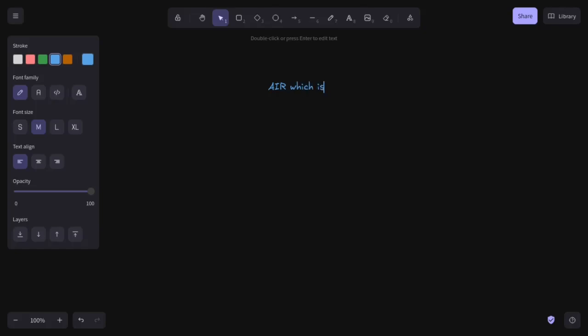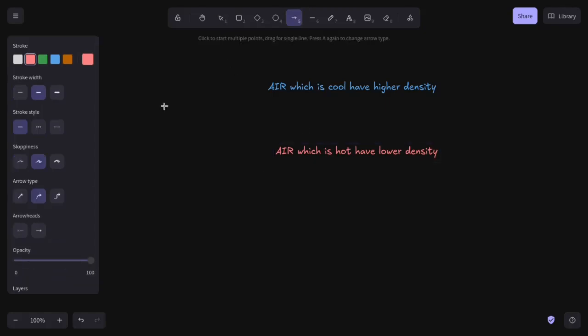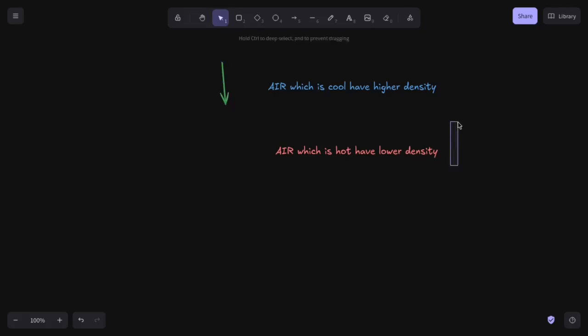Air which is cool has a higher density, and air which is hot has a lower density. So the way this density affects the air is that, due to higher density, the cool air comes down, and the hot air goes up.